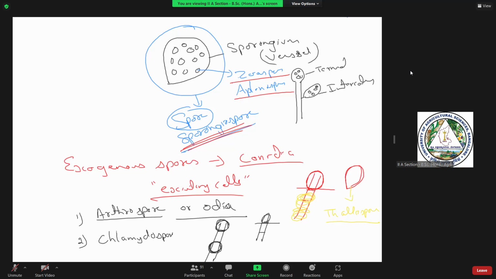Often they can be seen in the form of chains, and this helps in resting. This is a resting asexual spore. The chlamydospore is a resting spore produced to survive under adverse conditions.